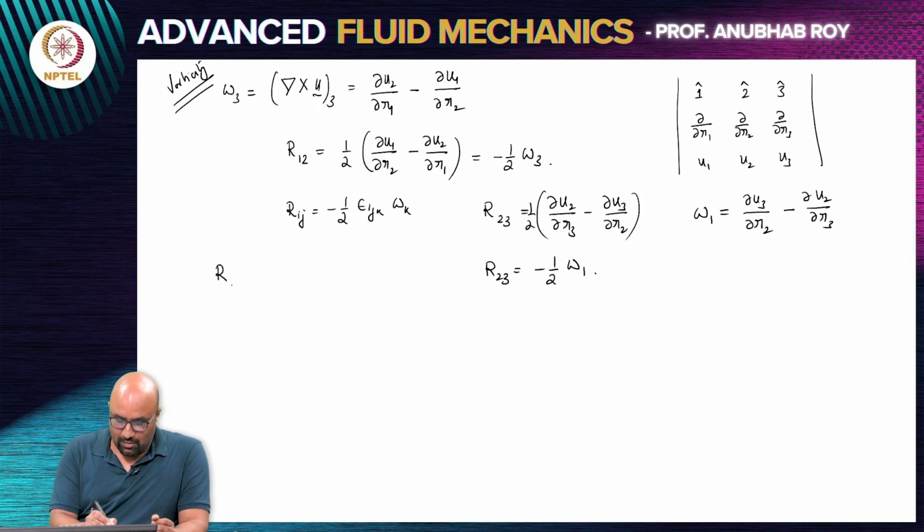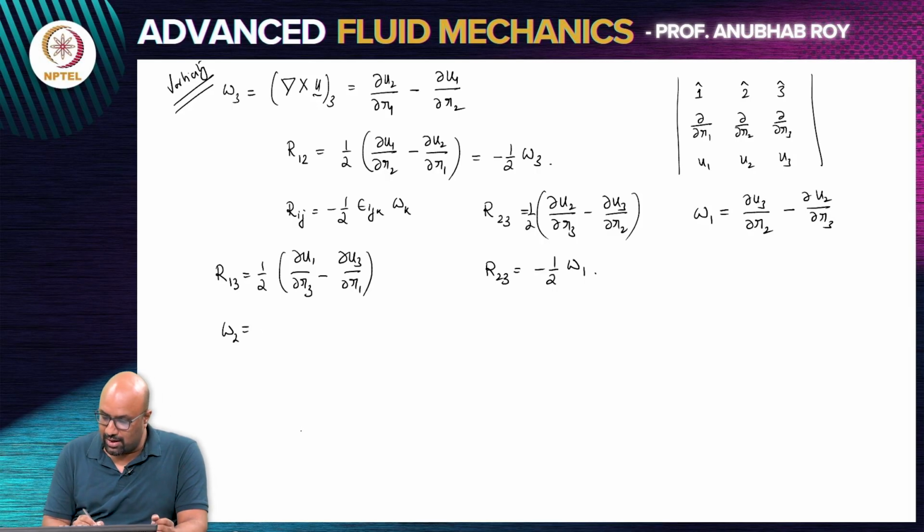The pending one, which is R13, is half ∂U1/∂R3 minus ∂U3/∂R1. And omega 2 would be ∂U1/∂R3 minus ∂U3/∂R1. So, on comparison, you have R13 is plus half omega 2.